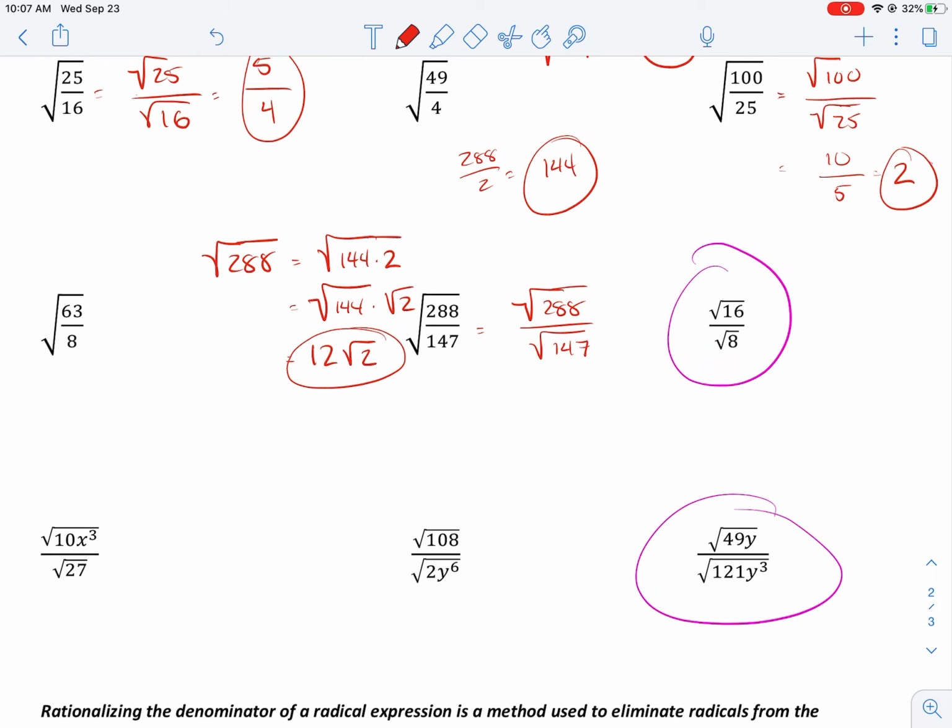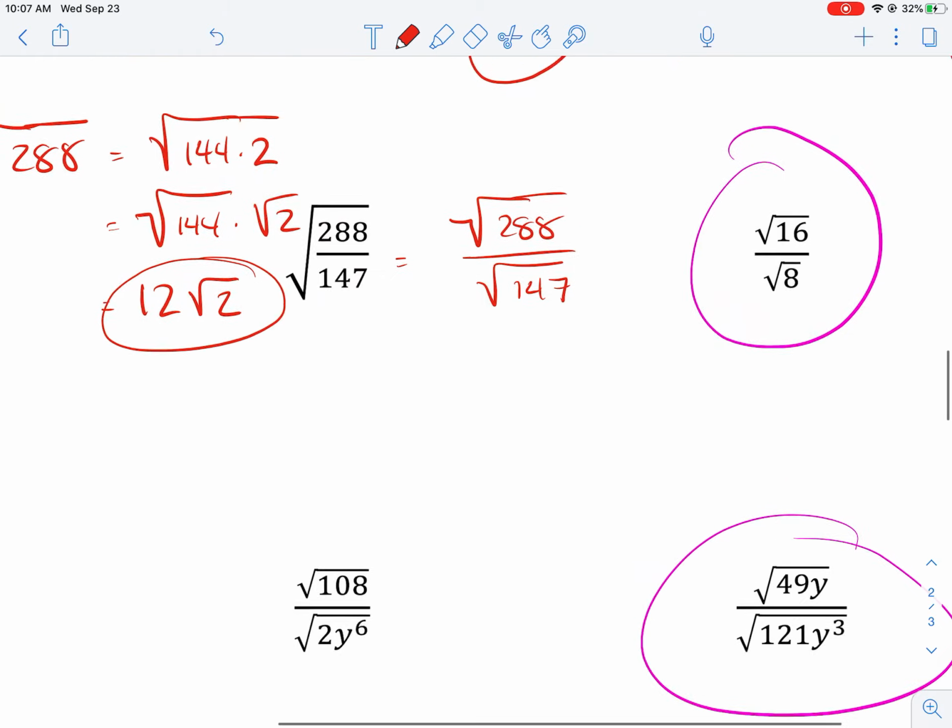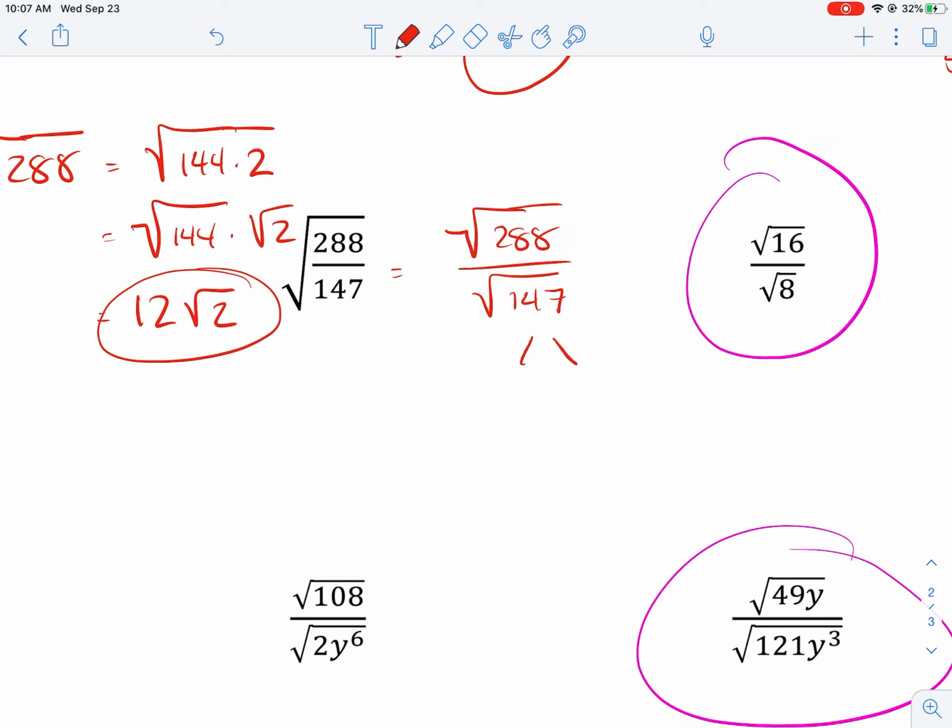Let's take a look at our denominator. So our denominator doesn't have a really nice number, does it? So we're going to go 2, 3, 5, and 7. Okay, so let's see if 7 goes into 147. It does. Cool. So we go 7, 21. Well, 7 can go in there again.